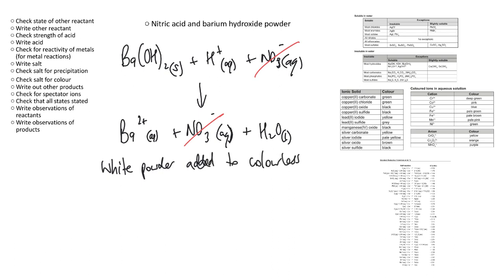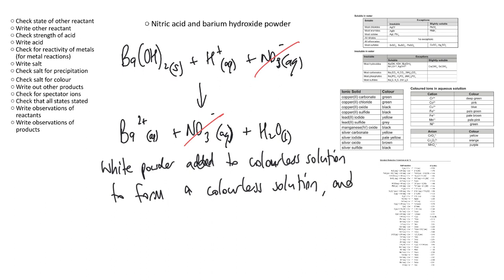Remember, all acids are colorless solutions at the moment, to form a colorless solution, which is the water, and because barium is not colored, the white powder dissolves. Okay, so it's important to say that the white powder is no longer there, because it has dissolved into solution. All right, so then that's the observations.